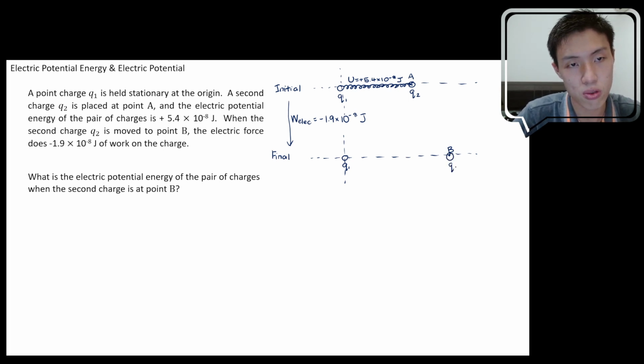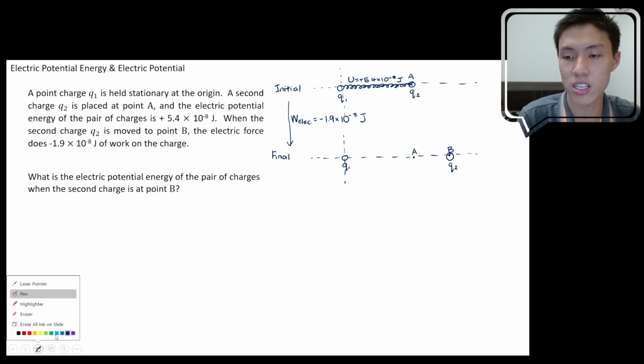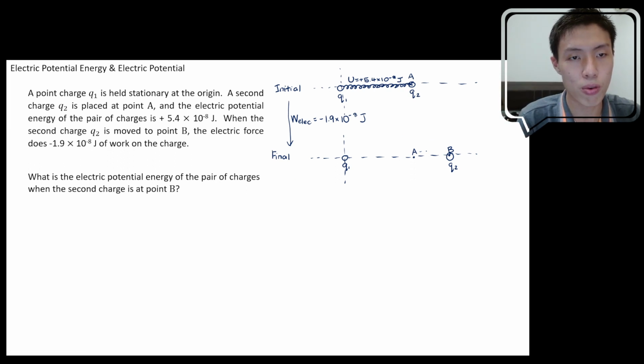Let's say Q2 has been shifted from point A, which is slightly nearer, to point B, which is slightly further away. We are not saying that it is true. Later, maybe we can come back to see whether our prediction is correct, whether it goes further away or nearer. We'll discuss that later. For now, let's simply assume it moved from A to B.